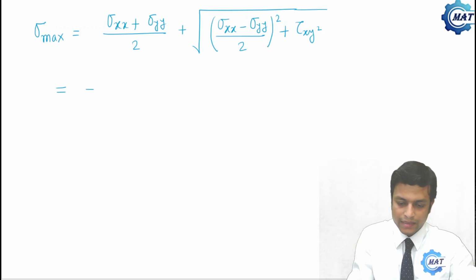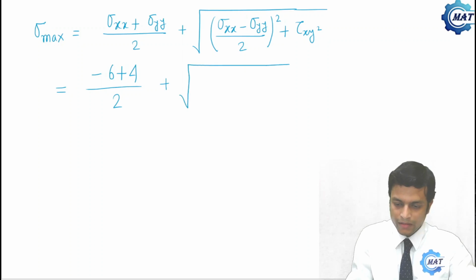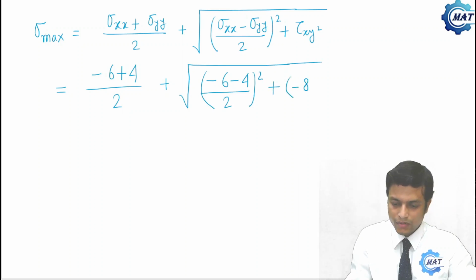So sigma xx is minus 6, sigma yy is 4, so minus 6 plus 4 divided by 2, plus root over minus 6 minus 4 divided by 2 whole square plus minus 8 whole square. And from this we will get 8.43 MPa.